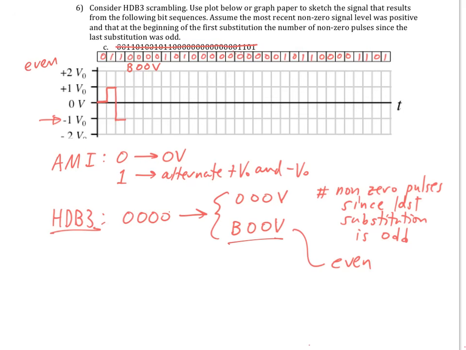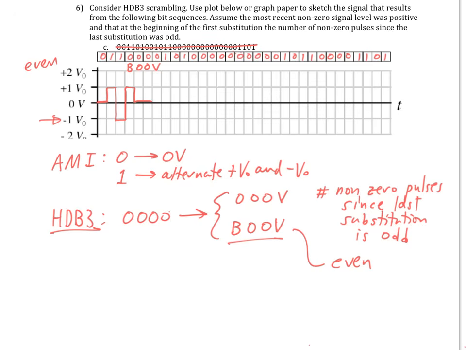And I recommend writing the substitution pattern right under the bits in a problem like this, or somehow indicating what the pattern is going to be. And so a normal bipolar transition means that I do the normal thing as if it were a 1. And then 2 zeros gives me 2 zeros.